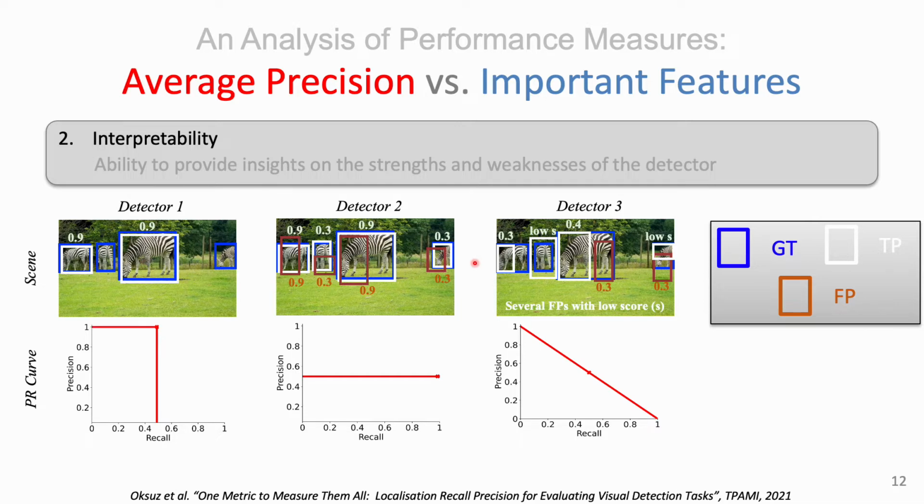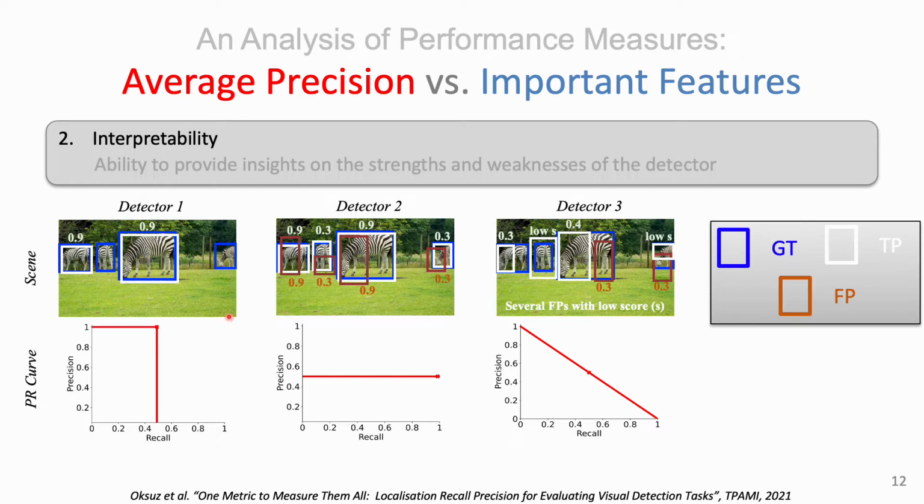Let us continue with the second important feature, interpretability. We expect a measure to provide insight about the problems of the detector in the interpretability feature. Consider the same example from the previous slide, where we have 3 different detectors with different performance characteristics.